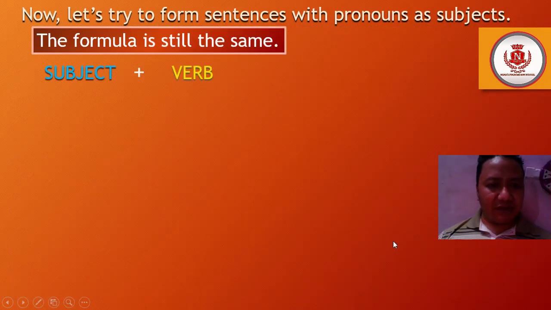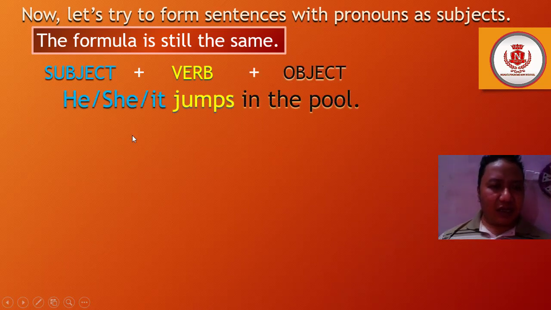Subject plus verb plus object. Again. He jumps in the pool. He is a singular subject, so the verb also has to be singular. Understand? So in singular verbs, what do we add? We add an S in the singular verb.